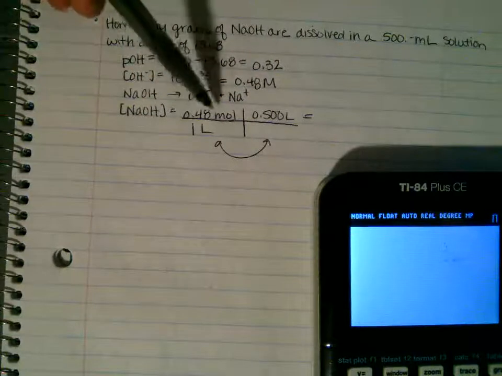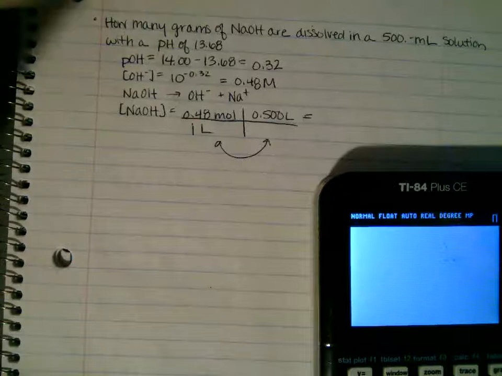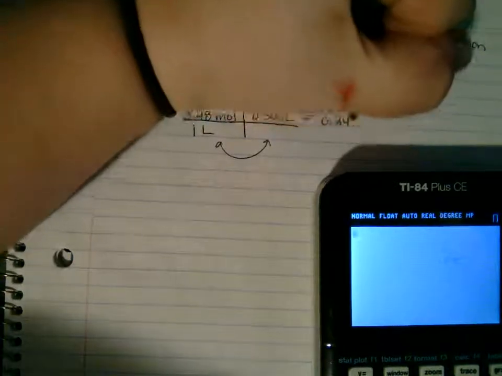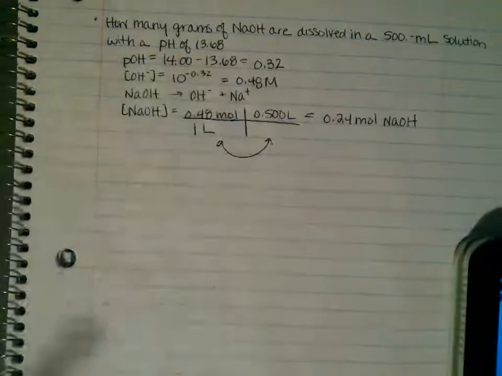But we could figure out, right, that our number of moles present must then be 0.24 moles of sodium hydroxide.